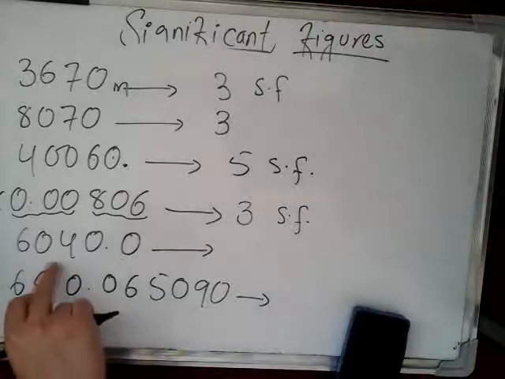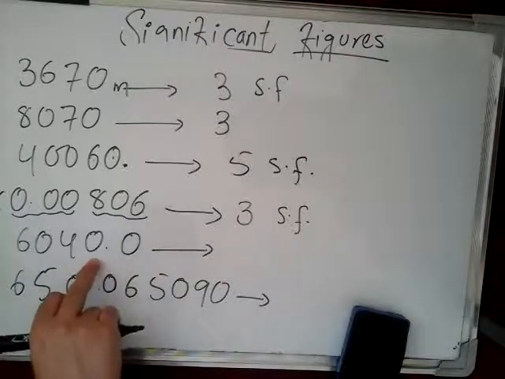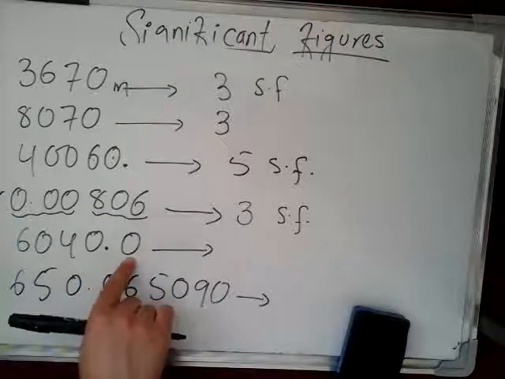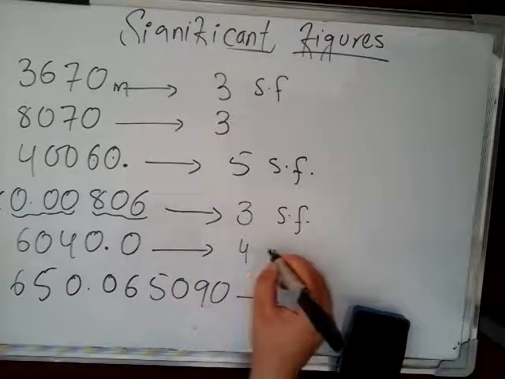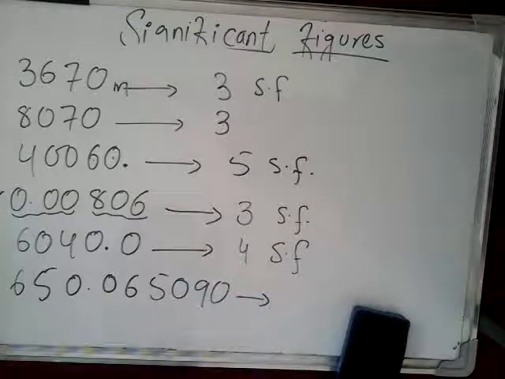And here 6040.0. Now how many zeros are there? After the point there is a zero present, so 1, 2, 3, 4. So there are 4 significant figures. Is that clear?